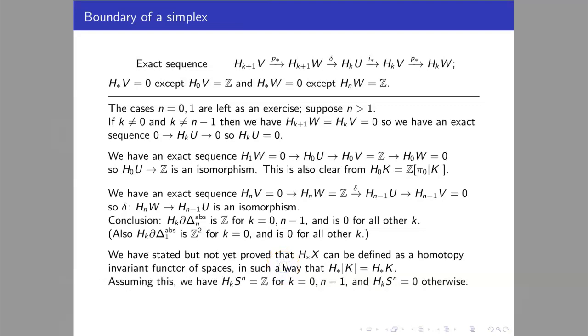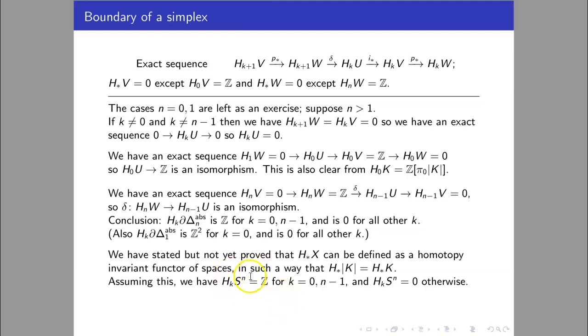So if you assume that, then it's meaningful to talk about the homology of the n-sphere, and that's going to be the same as the homology of K for any complex K such that the geometric realization of K is homeomorphic to the n-sphere.